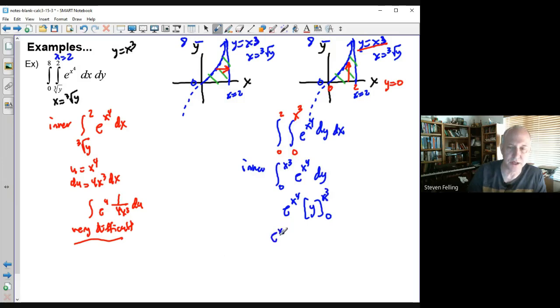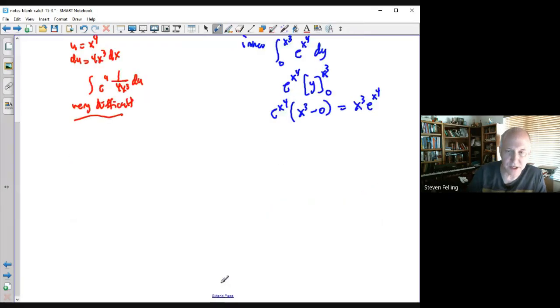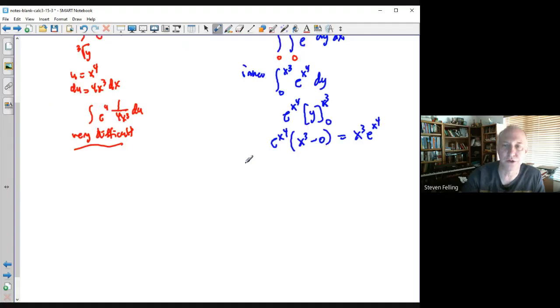So I've got my e to the x to the fourth, and then if I plug this in, I get x cubed minus 0. And so this is just x cubed e to the x to the fourth, right? That seems more complicated, but actually that's going to allow me to more easily do my outer integral. My outer integral is dx from 0 to 2, so from 0 to 2 of x cubed e to the x to the fourth dx.